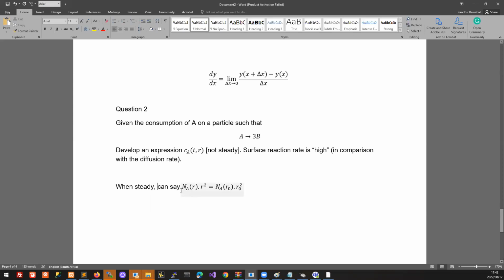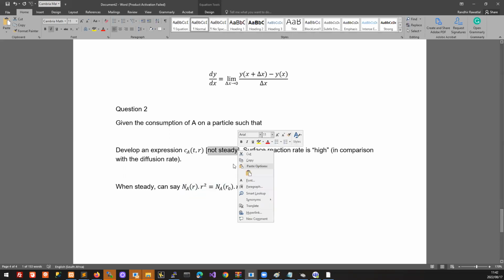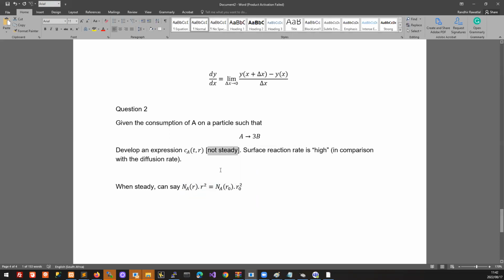If you go back and look at it, you'll see that when the profile was steady, when concentration wasn't changing with time, we could say this, right? But now it's not steady anymore. We can't use this now.